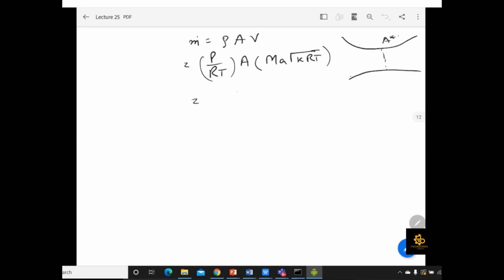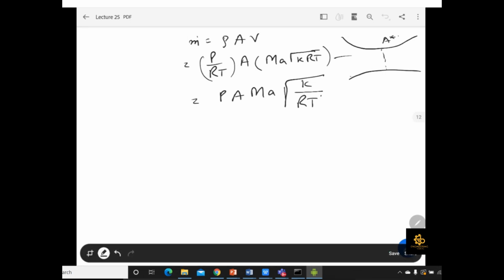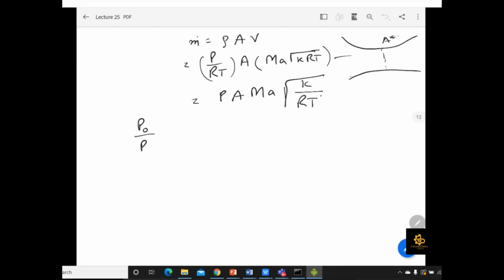Simplifying further, this equation becomes P A Mach number times square root of k divided by RT. Now from the stagnation property relation, we already developed P naught divided by P is equal to (1 plus (k minus 1) divided by 2 Mach square) to the power k divided by k minus 1.